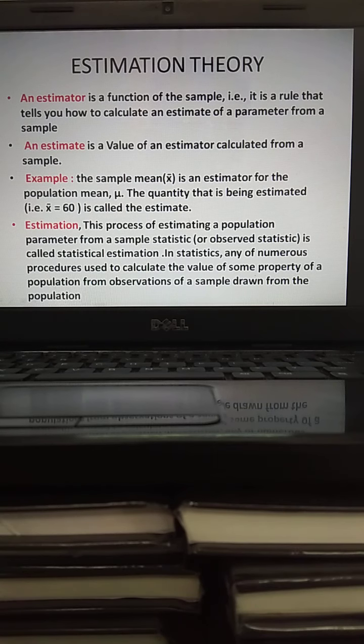The effort you made from the estimator to get this 60 is known as the estimation. Be careful. That means all the workout, substitution, calculation, whatever you have performed from the estimator to get the estimate, is known as the estimation.